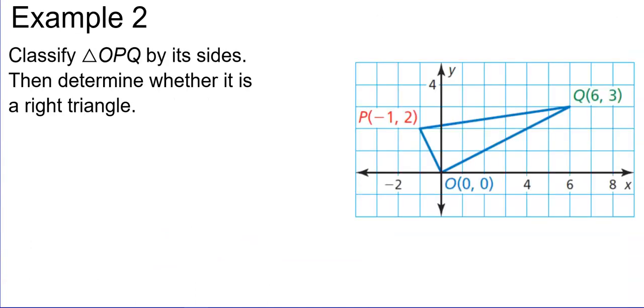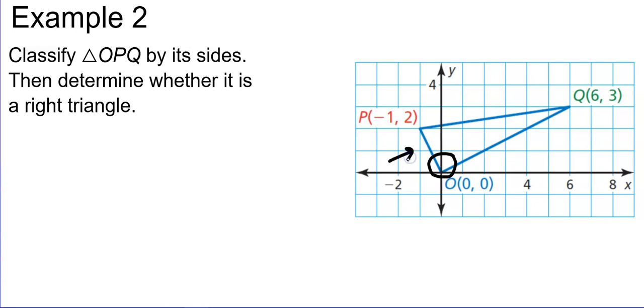All right, classify this triangle by its sides. Then determine whether it's a right triangle. We're wondering if this is a right angle right here. Looks like it might be, but we're not sure. To know that, we need to know the slopes. We also need to know whether the sides are equal or not.